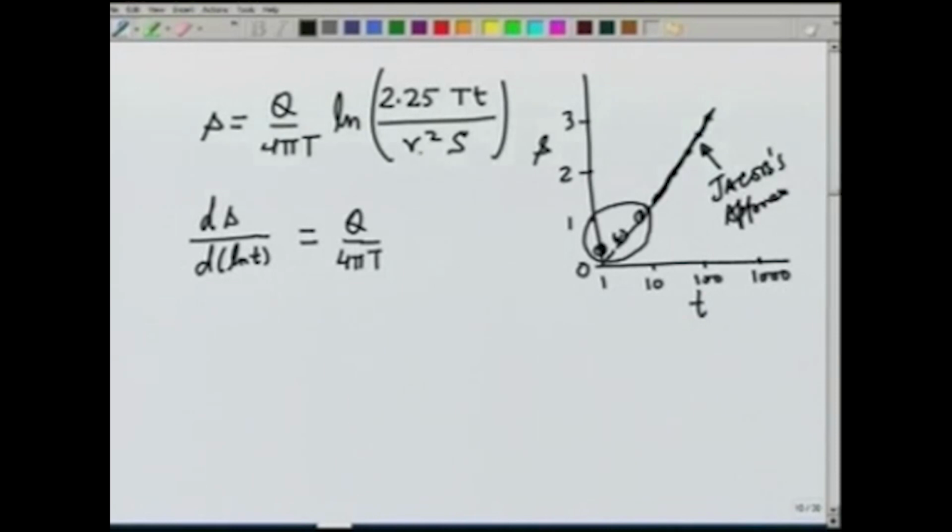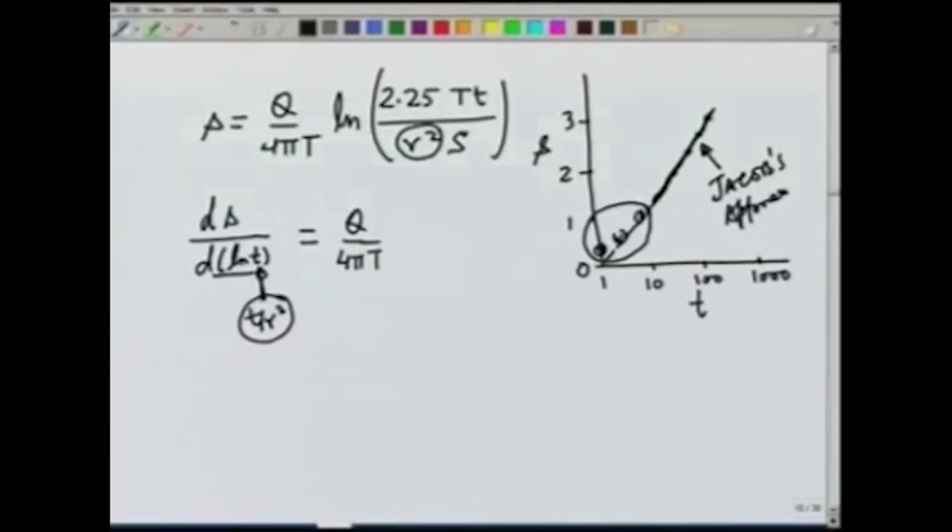We are assuming that r is constant. So, we are using data from a single well, otherwise instead of t we have to use t over r square. But for this analysis, let us assume that r is a constant. So, we have a single observation well at which we are measuring the drawdown.